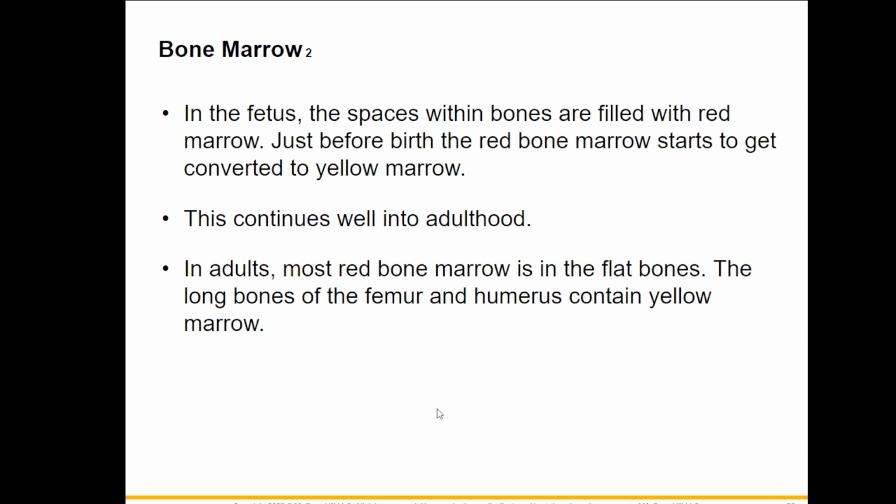Until in adulthood, most red bone marrow are only found in the flat bones na lang. Flat bones like in the skull, in the chest, in the ribs, while the medullary cavity of the long bones will now contain yellow marrow. So wala nang red bone marrow once we become adults sa mga long bones natin.